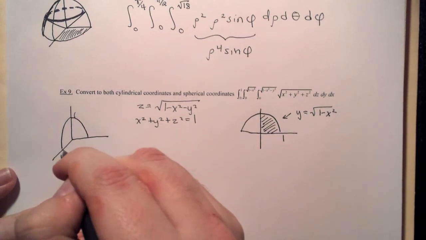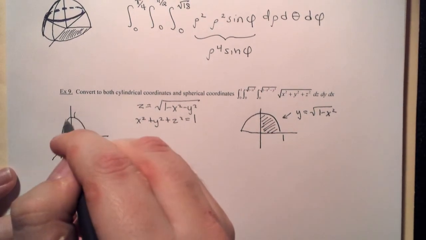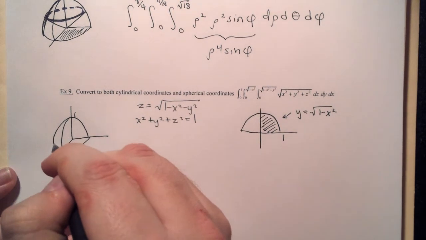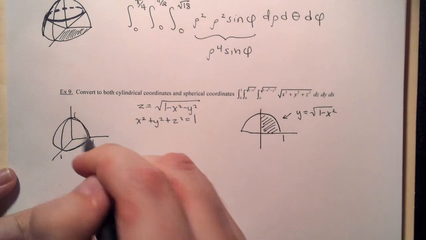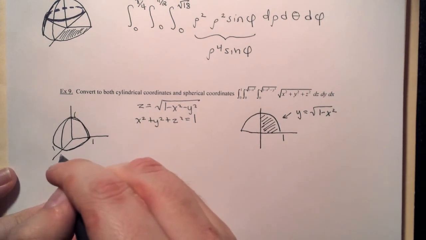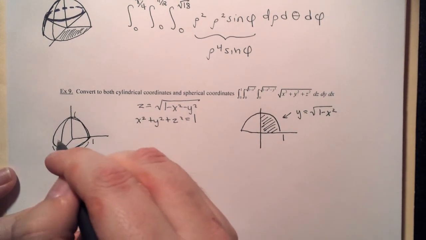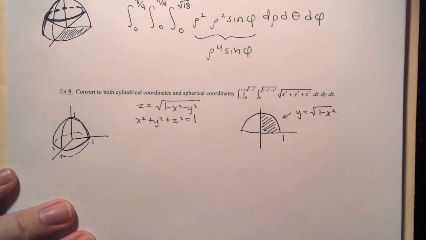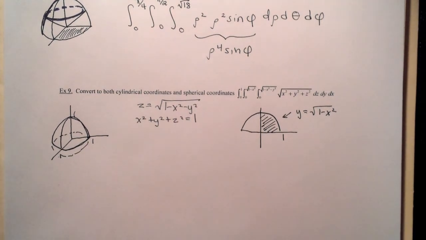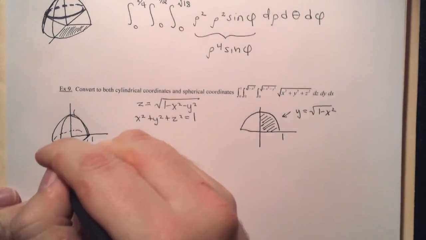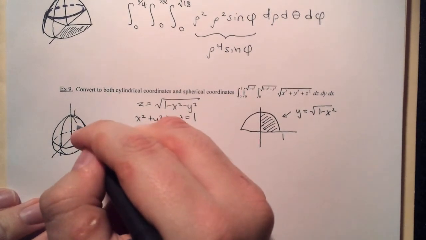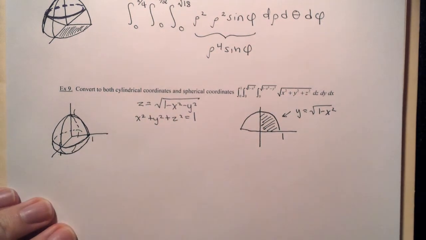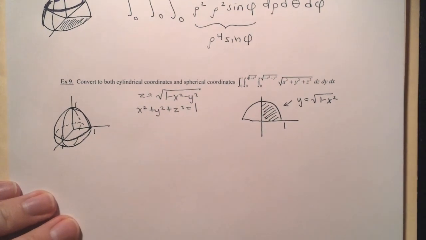And I'm drawing it a bit more like a parabolic shape, which is my mistake. It is a sphere. So, we're integrating over a sphere.